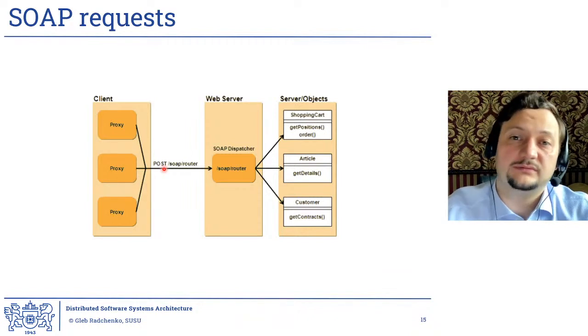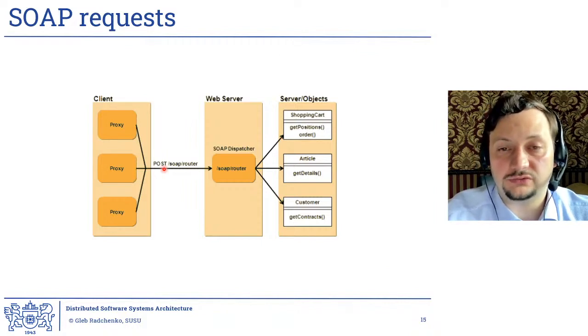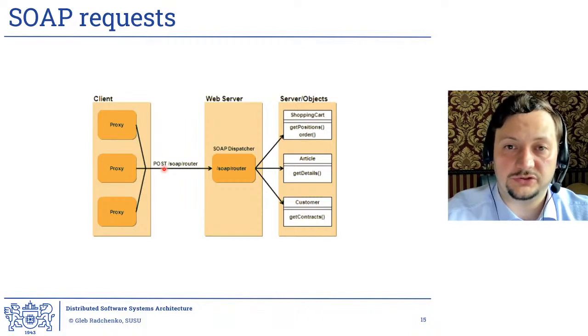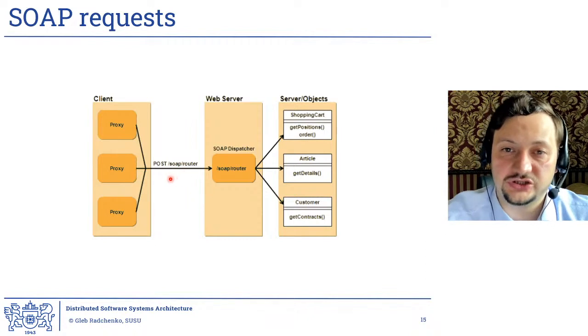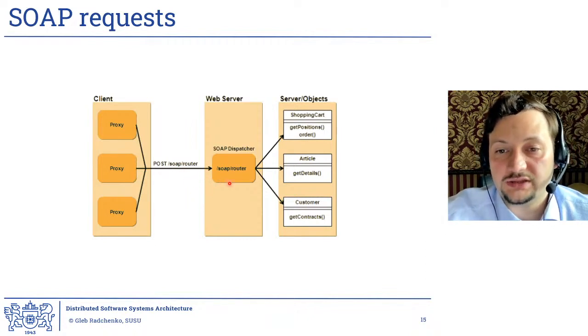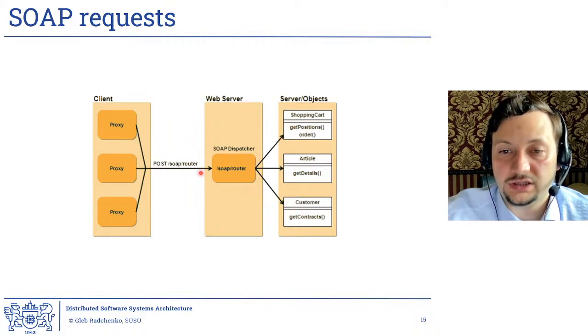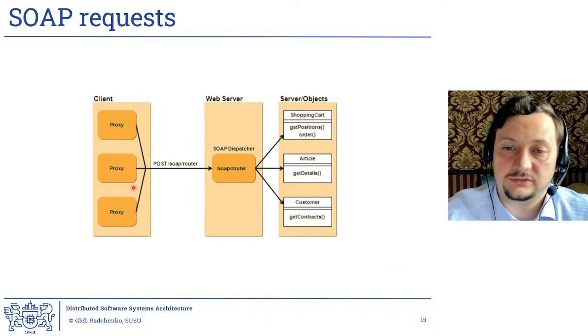But that doesn't do anything, because SOAP does not use the HTTP methods to identify the procedure. SOAP uses only information inside the message to identify the procedure. So the web server would get this XML document, analyze it, call the server object, modify it or read it, and send the information about this object back to the user.